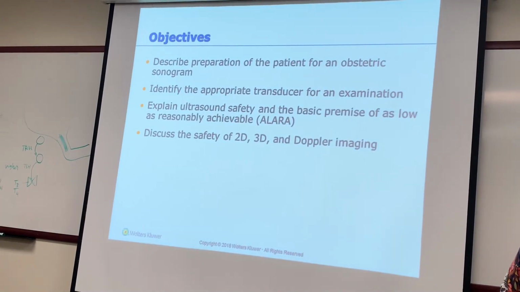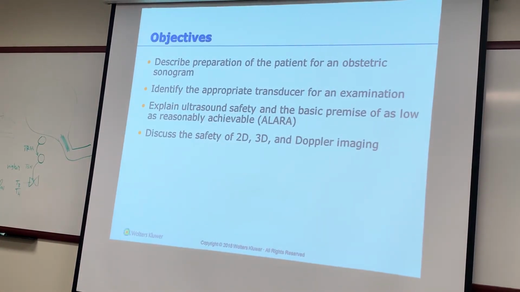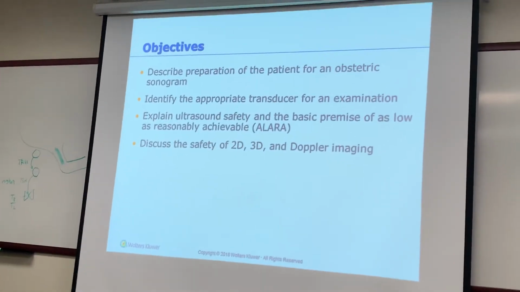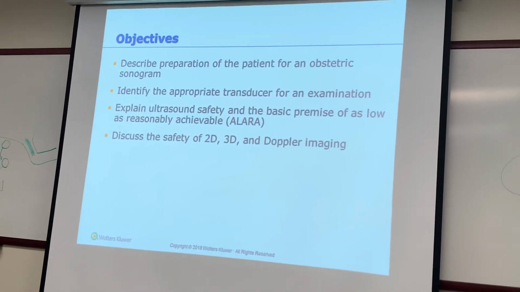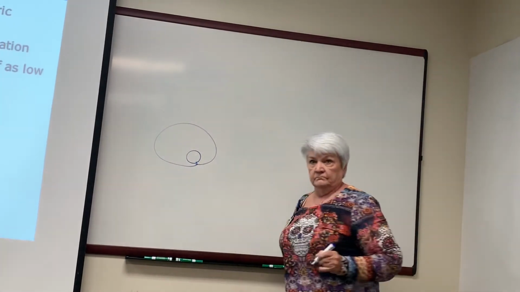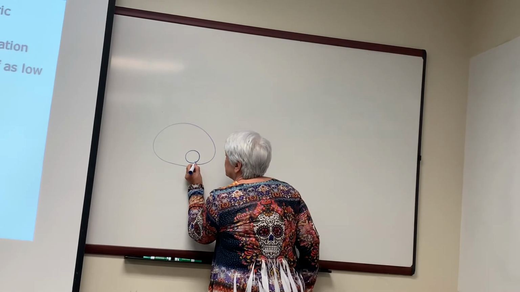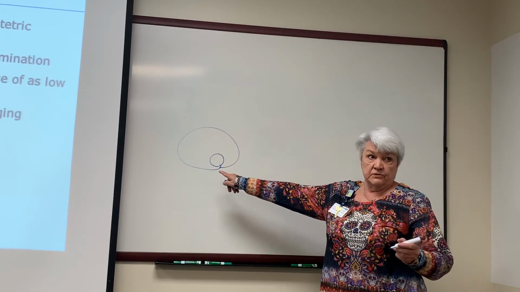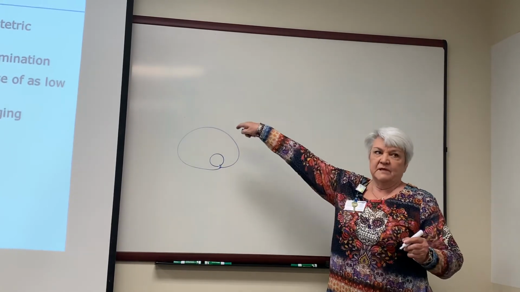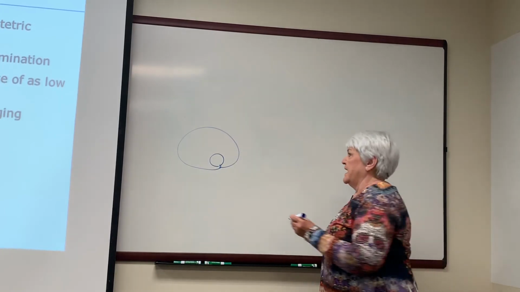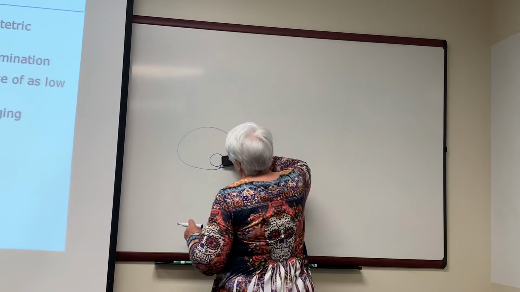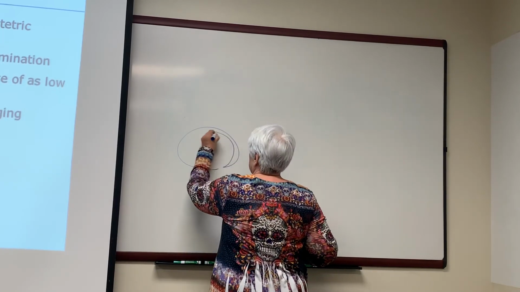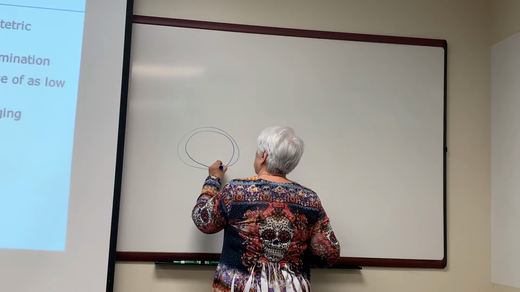Because also in the first trimester, we do a measurement called the crown rump length. Here's my yolk sac, my gestational sac. Right at the base of the yolk sac, I can measure that. It's usually around 2 millimeters. That tells me my due date.